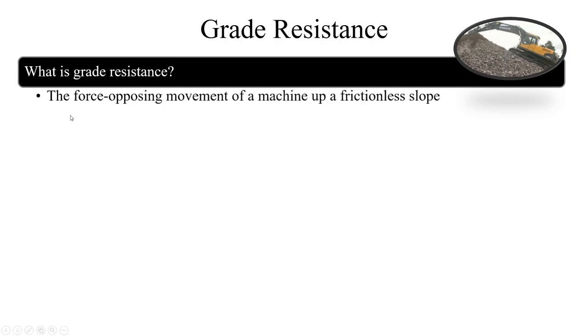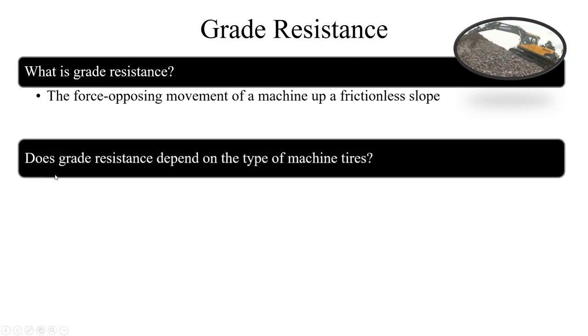Okay, what is it? The force opposing movement of a machine up a frictionless slope. Okay, so when we say frictionless slope, what does that mean? It means we are not considering the impact of the friction, okay? We consider that there is no friction resistance, we're just talking about the grade. So does grade resistance depend on the type of machine tires?